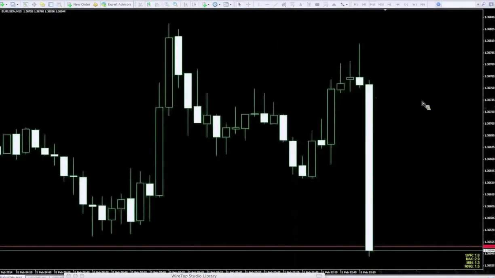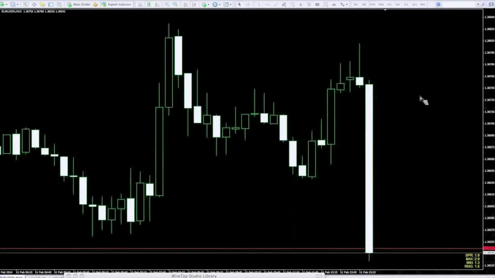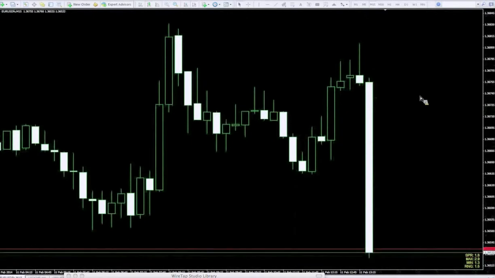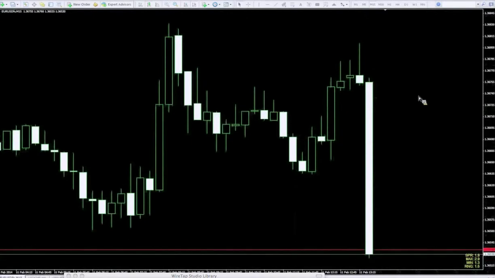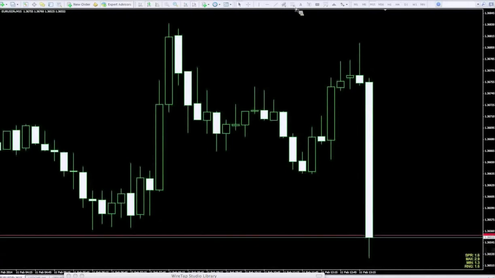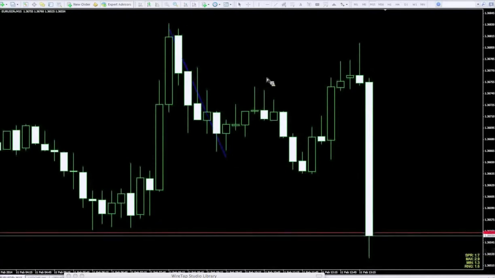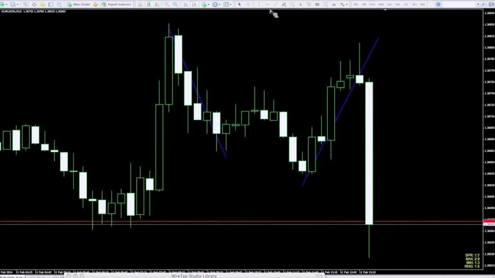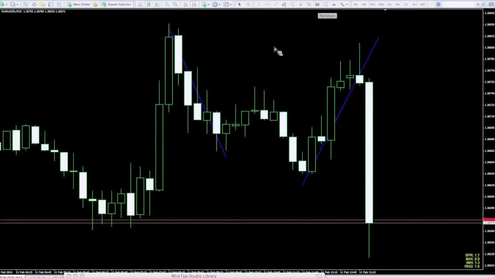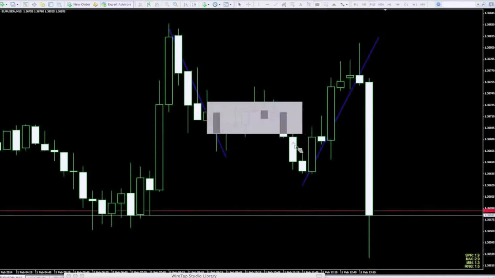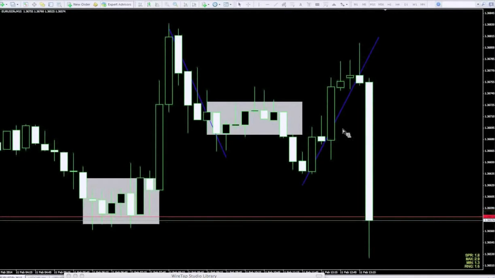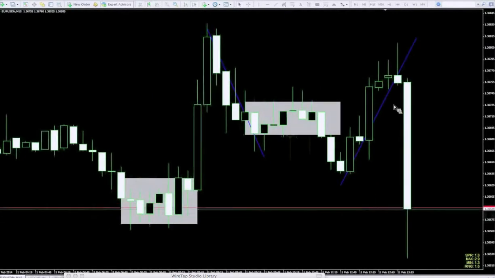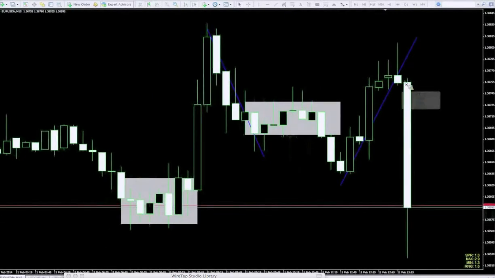If you remember, there are four aspects of price action. All right. We have the downtrend, we have the uptrend, we have consolidation, as in here, sideways market, and here's another sideways market, and we have what I like to call an instant reversal, and that's pretty much what this is right now.